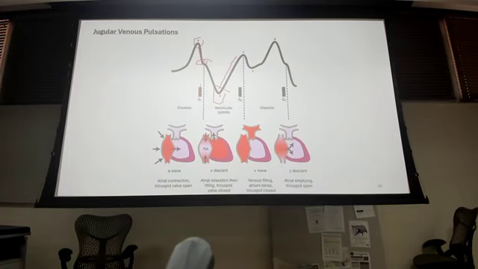Then systole ends with the closure of the aortic and pulmonic valves, but the tricuspid valve remains closed for a brief period of time, and that pressure in the atria is increasing as you're having more and more blood flow coming back to the atria.